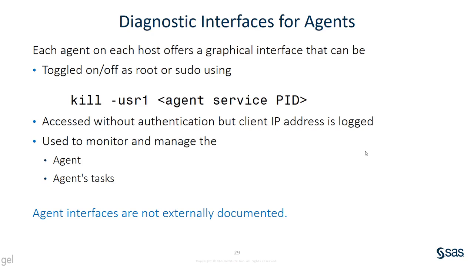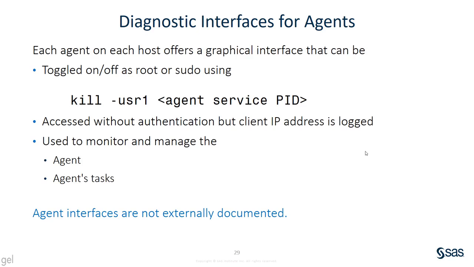Now these agents are really interesting. They come from SAS. They're all managed by command lines, but they also surface user interfaces. This is not documented for customers, so this is something that maybe in support you'd want to be aware of, just in case you need to monitor what the agent tasks are doing independently.